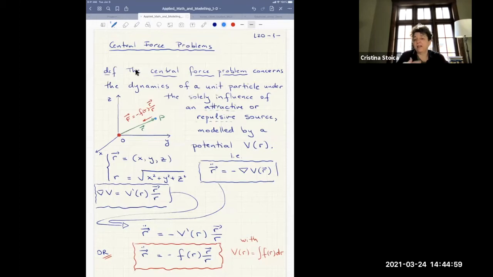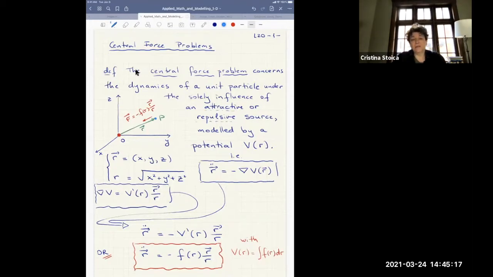If it's a gravitational force, it will attract following Newton's law of gravitation. It could be something more fancy, with other kinds of functions modeling the attraction or the repulsion.